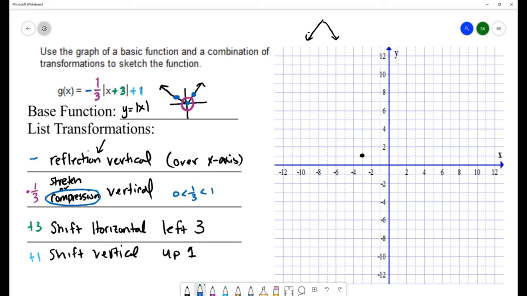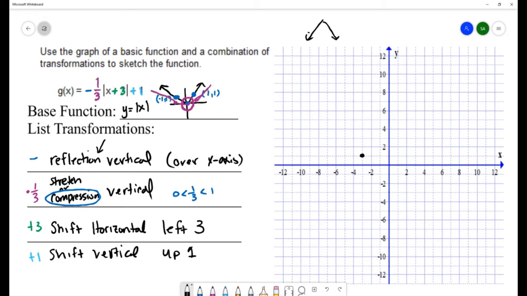It's at (0, 0). But then we have these 2 points here, which are (1, 1) and (-1, 1). This compression is going to change just the y coordinate to be 1/3. So if we change it to be 1/3, that means that our V becomes a little bit wider.